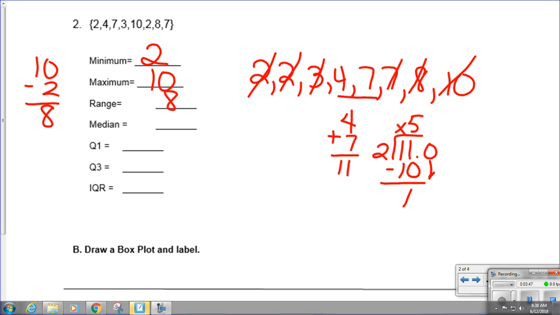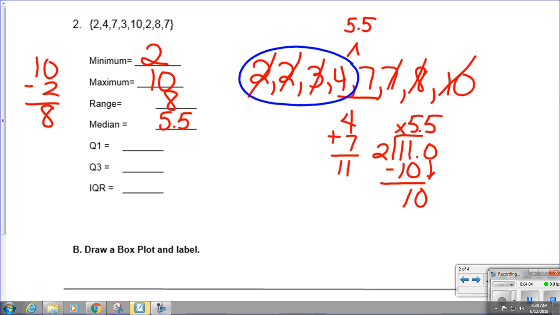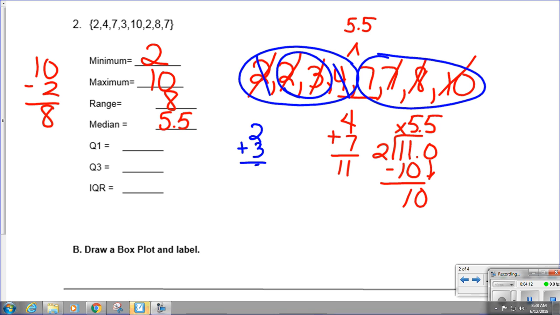Need a decimal to keep going. The median is 5.5. Now whenever you have to add in the middle and divide by 2, that means I need the 4 for my lower quartile, and I need the 7 for my upper quartile. Get rid of, I'm left with 2 in the middle. 2 plus 3 is 5. 5 divided by 2 is 2.5.